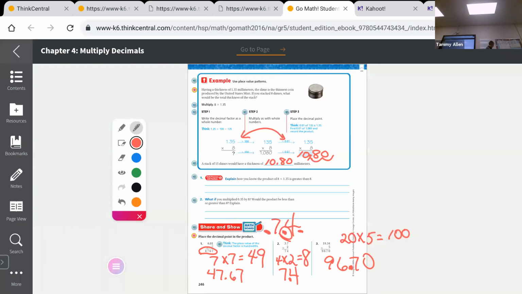Questions so far? All right. Turn to page 249. Have your pencils ready. Number 2, put these numbers down for the answer: 5, 8, 8.